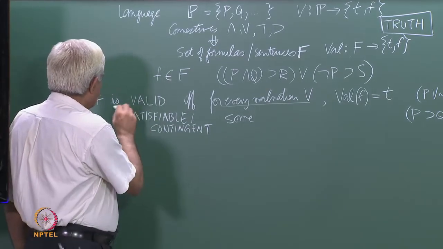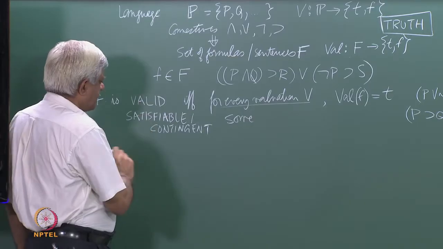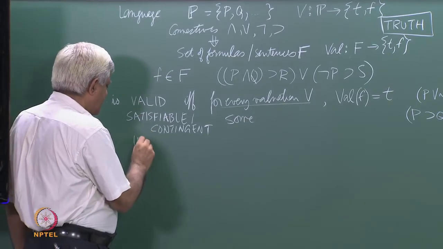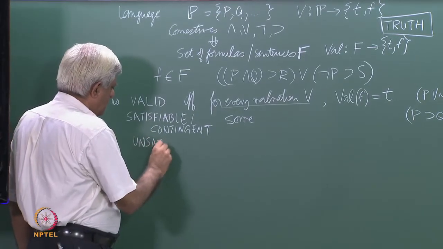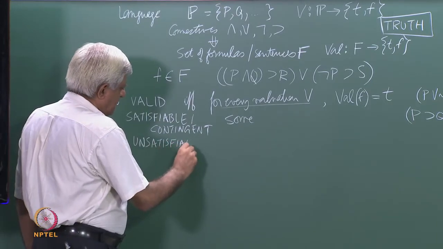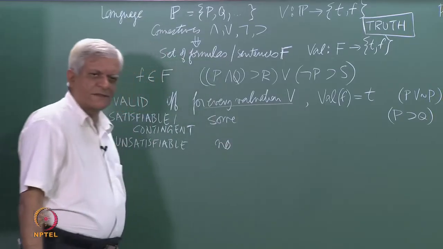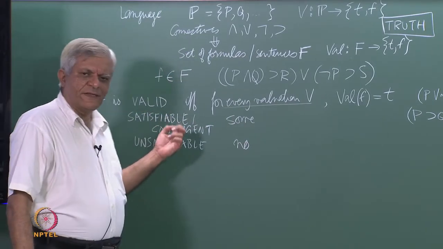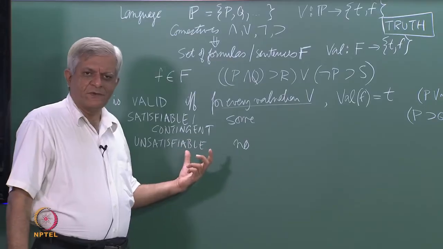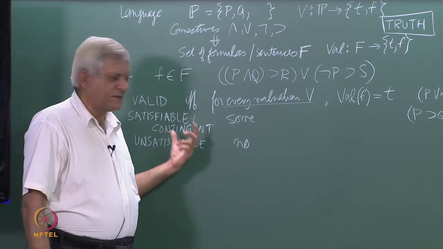And so, one is valid, the second is satisfiable or contingent, and the third is unsatisfiable. Here we replace this with no. If there is no valuation which makes this sentence true, then it is unsatisfiable essentially.